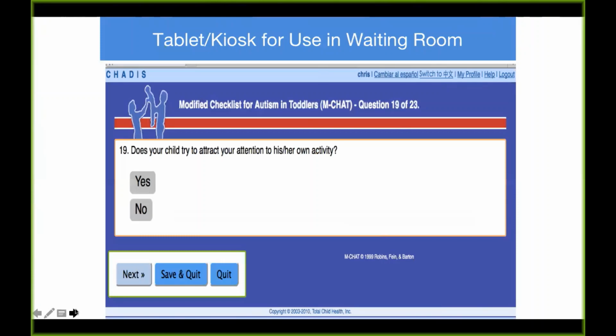Now, I want you to notice up at the top right-hand corner there that the patients themselves can change the language of the tool. So everything in CHADIS is in English, Spanish, and French, and we have a little bit of Chinese as well. If you have a particular patient population and you can help us with translations, we're happy to make translations of these tools into other languages.